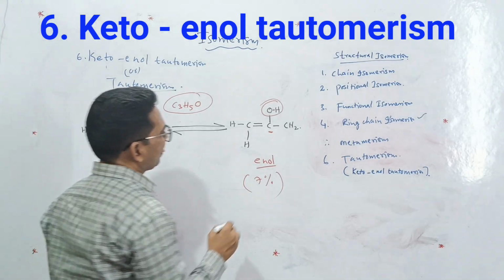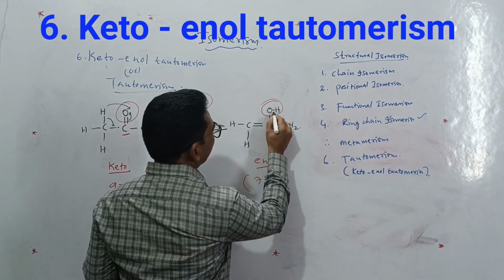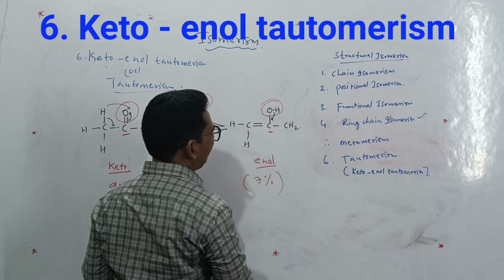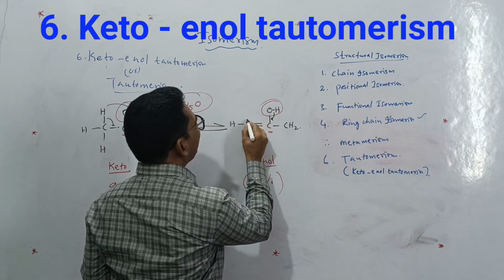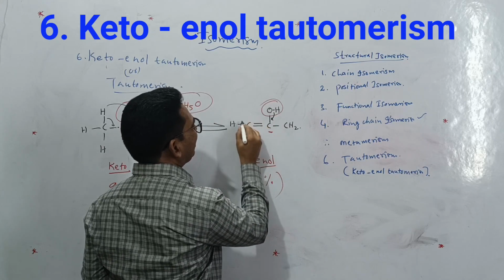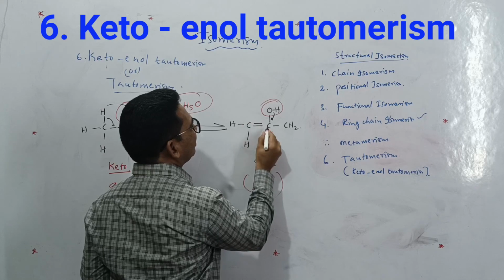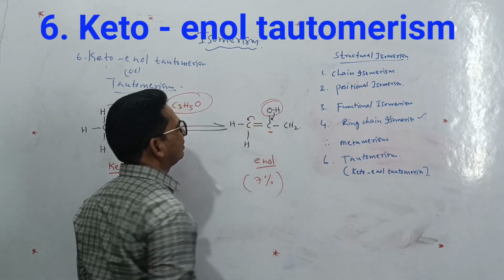Again you can see what happened. These electrons will come here, it forms the double bond, and this electron has to go; one is coming, so another one has to go here, that's why it will move here.